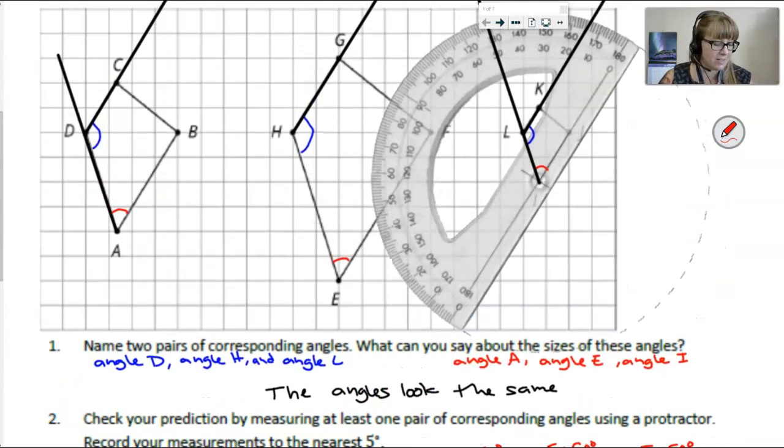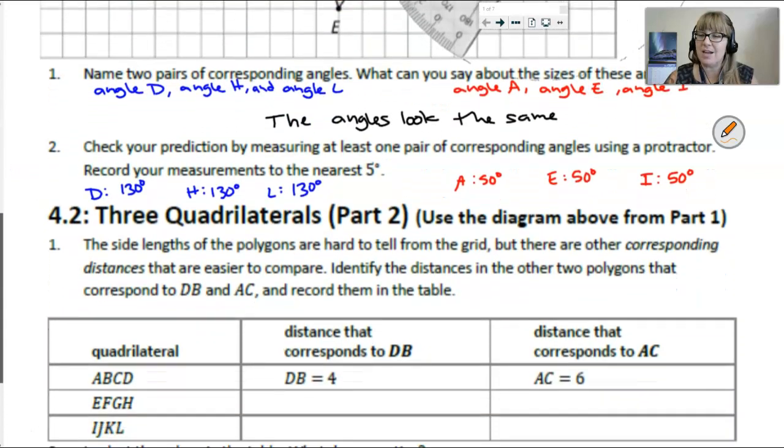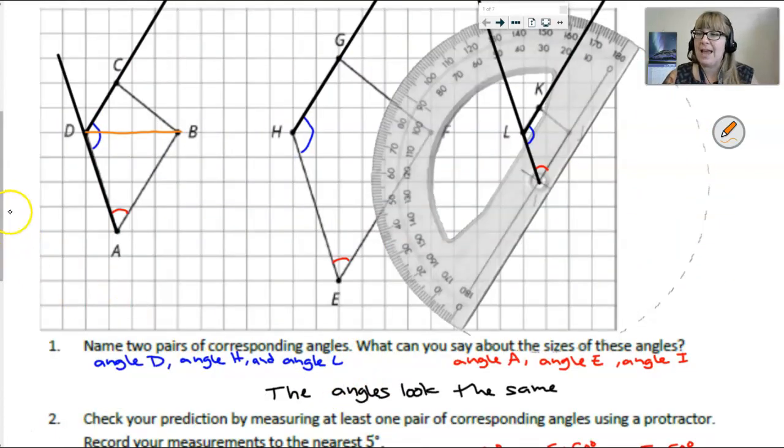So when I look at that distance from D to B, that means that I am now going through that figure. Instead of trying to measure an actual side length, I'm measuring something that is actually easy to measure. And I can see that that's 1, 2, 3, 4, which is why that is listed here in our table. And let's measure that same distance in each of these other figures, only it's not going to be DB.